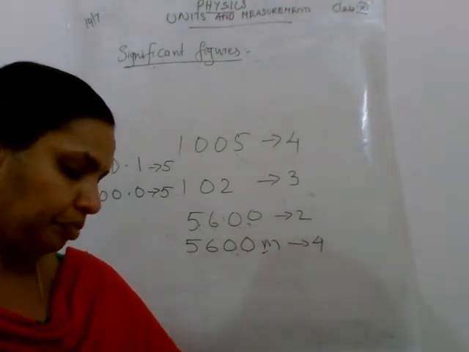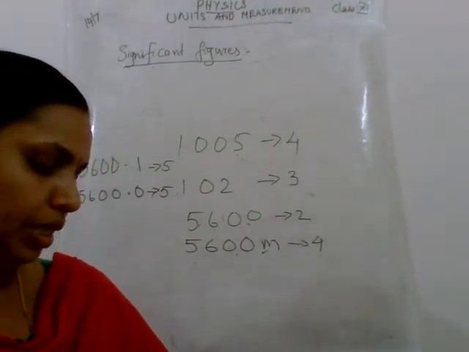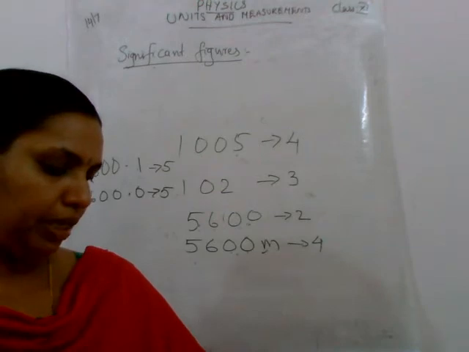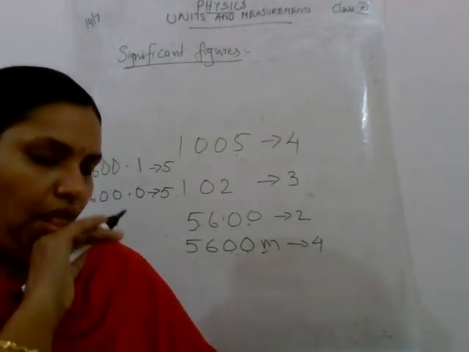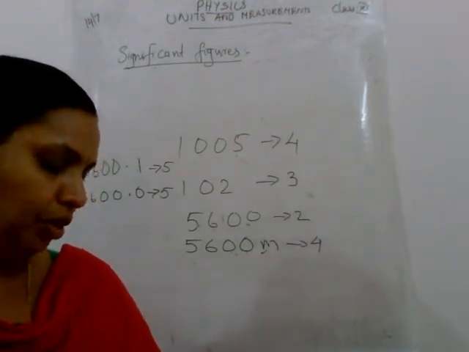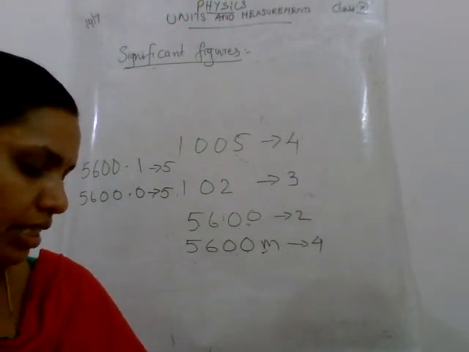Then all zeros to the right of a decimal point but to the left of a non-zero digit are not significant.